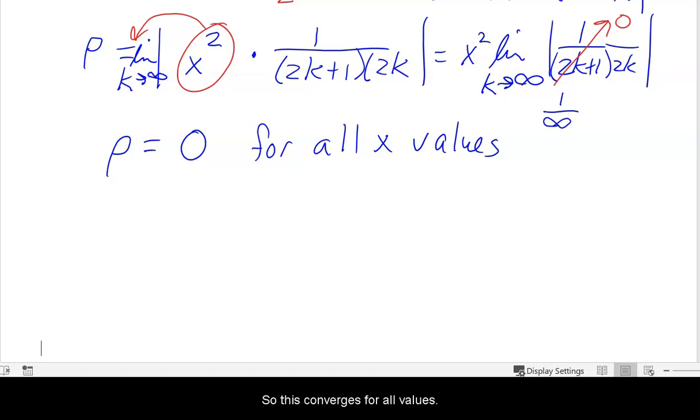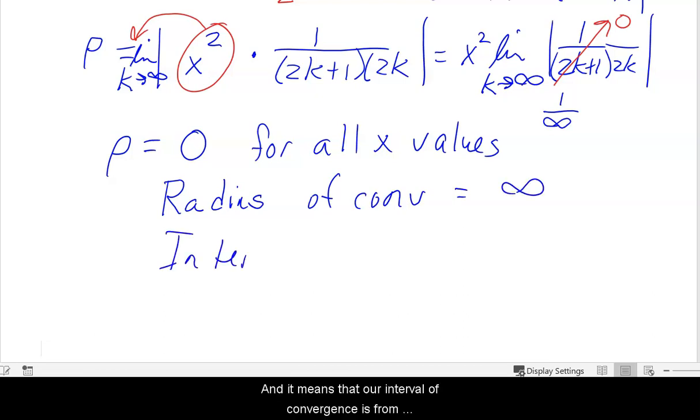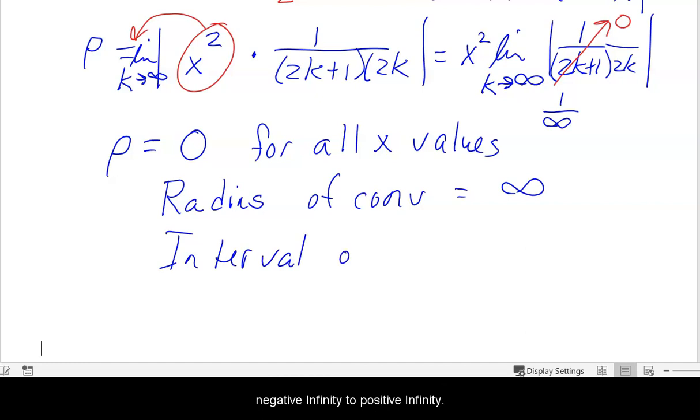So this converges for all values. This means our radius of convergence is infinity, and it means that our interval of convergence is from negative infinity to positive infinity.